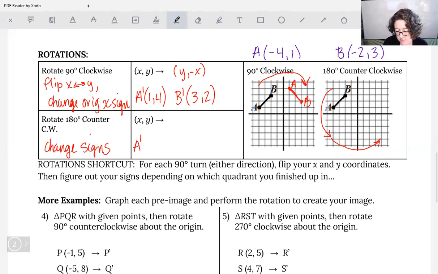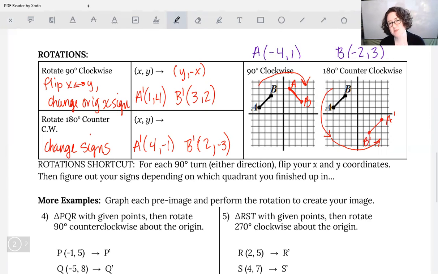Our new A prime is going to be at (4, -1). Our new B prime, again, flip your signs around. You were at (-2, 3), so that means we need a +2 and a -3, completely flipped around. New points, (4, -1), A prime, and B prime at (2, -3).